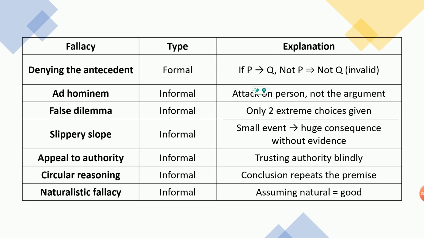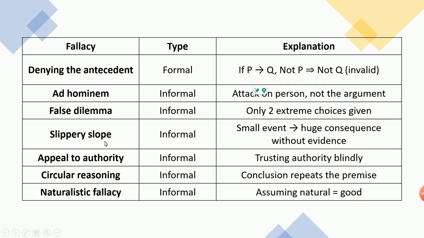Likewise, in the current trend where actor Kamal Hassan has said something regarding the Kannada language, the focus is more on the person, not the context in which he said it. Next is false dilemma. So only two extreme choices are given, and no middle choices are given. That kind of fallacy is the false dilemma.